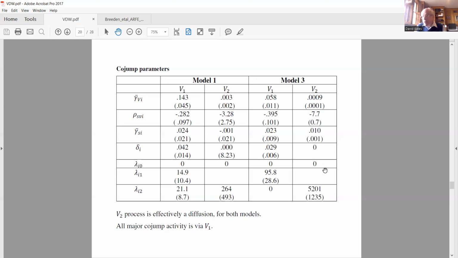If there are jumps in VIX that are justified in terms of providing information for forecasting future variance, I theoretically should pick that up. In practice, however, all the action seems to be in V1. All the co-jump activity is in V1. V2 is effectively a diffusion. I could just suppress the jump component of V2 and it'd have virtually identical log likelihood.